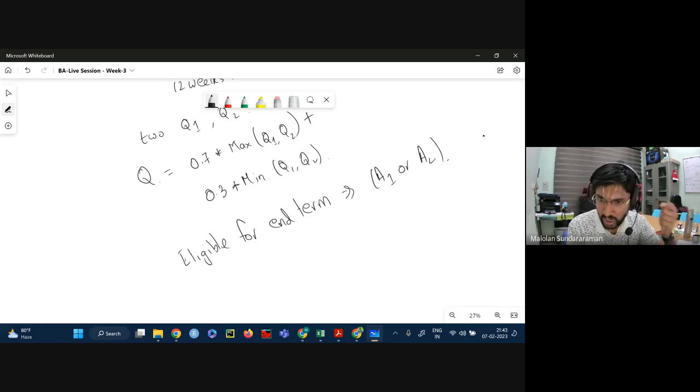If you do not solve one of them, you will not be eligible to give the end term exam. So at least one of them is required. The rest is available in your grading document as well. So please make sure that you attempt either assignment 1 or assignment 2.